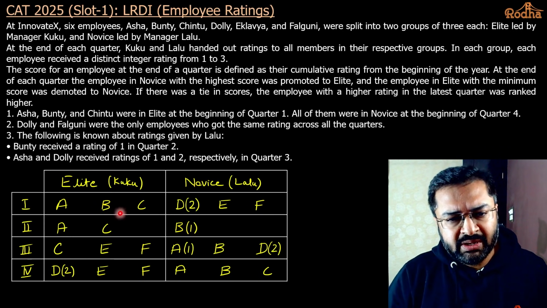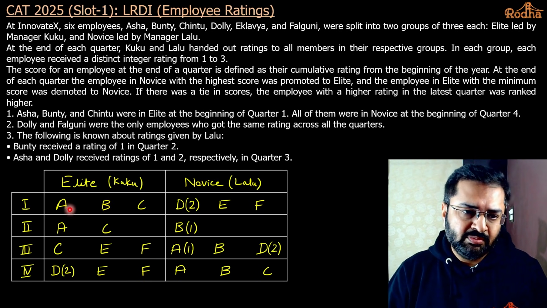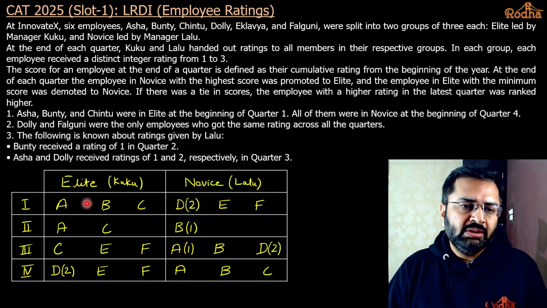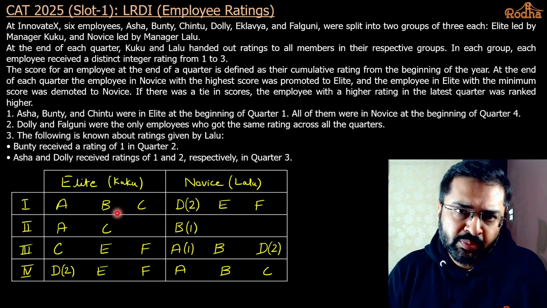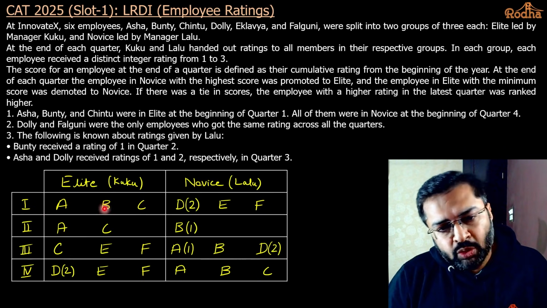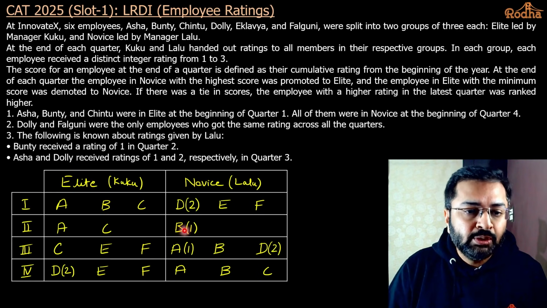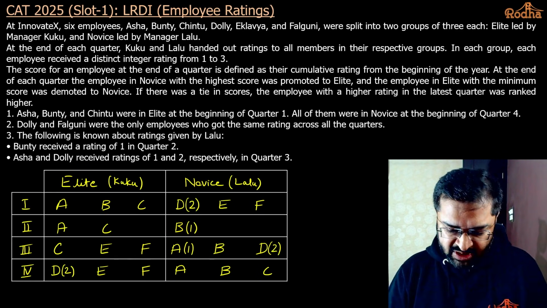If B moved here in quarter 2, what must have been the rating of B in this case? When we are talking about quarter 1, the score would be same as the rating, because scores are cumulative. But in quarter 1, whatever is your rating becomes your score. So if B was demoted from elite to here, the movement must have happened like this, no?